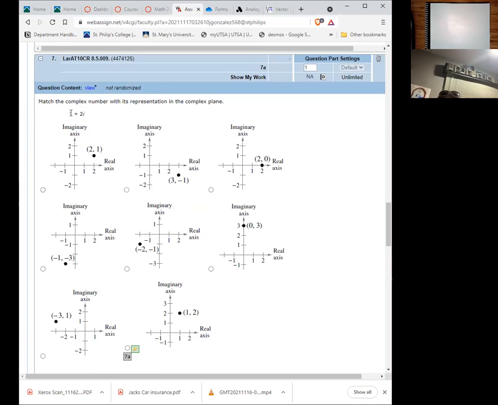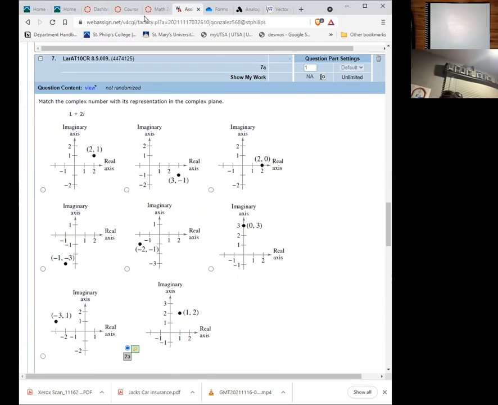So this problem is asking us to graph this. So treat the y-axis as the imaginary part. Treat this part as the x-axis. So where is this point, right? So it's going to be this guy. It's 1 on the real axis and then 2 on the imaginary. That's all you do.